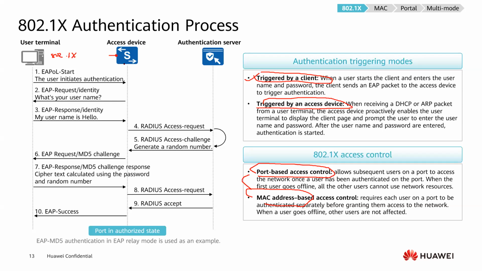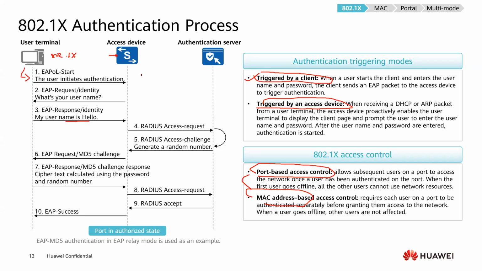When the access device receives this, it will send back a request packet to the terminal: what's your username? And then the terminal will put the username in a response packet to the access device. And this username is just entered by the user on the client, right?